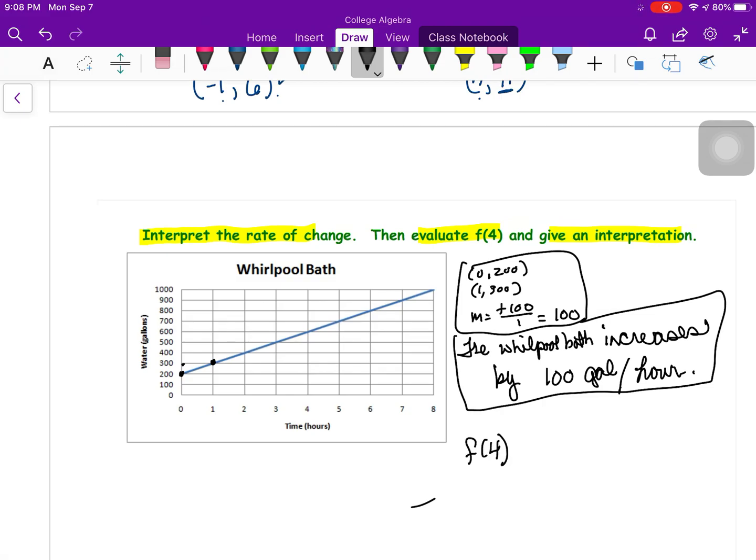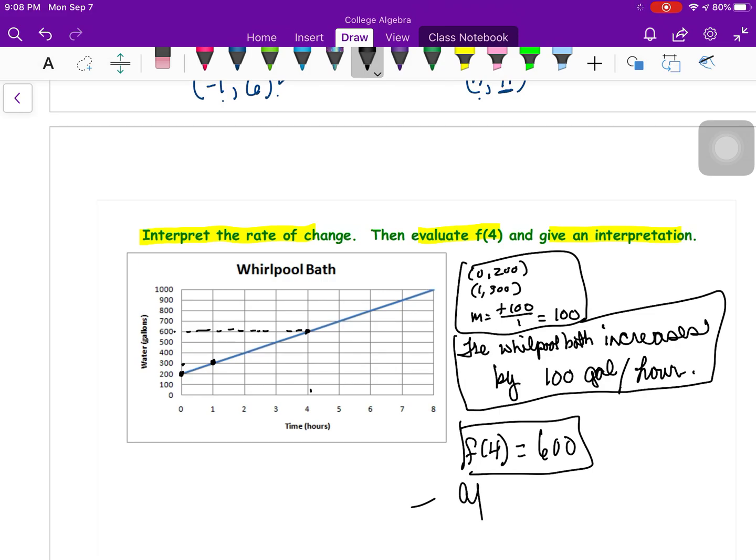Evaluate f of 4. So I have to write f of 4 equals, even if it's from a graph. If it says to evaluate f of 4, I need to see that. So f of 4 is right here. Looks like it is a y value of 600. F of 4 equals 600. Then interpret that.